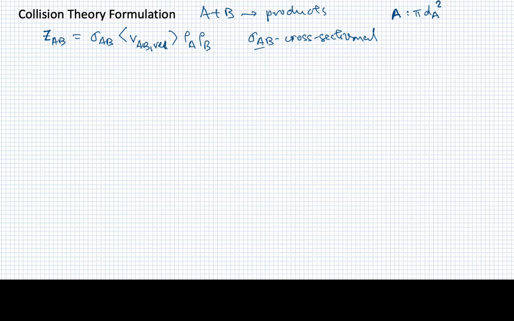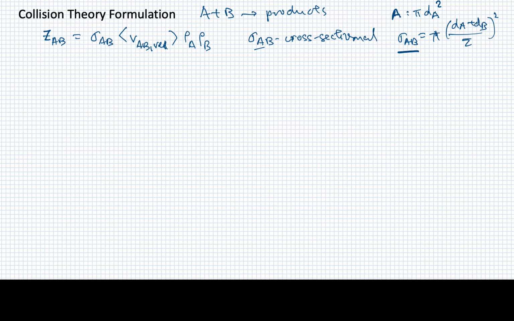When we have two of them, a more appropriate one might look something like this. It doesn't have to, but this would be if we modeled our molecules as spheres. It would be pi times the average of the two diameters, so (d_A + d_B)/2, squared. I don't specify that this is exactly how we define this cross-sectional area because, frankly, molecules have all kinds of shapes, and so this may not be an appropriate way to catalog the shape of the molecule.